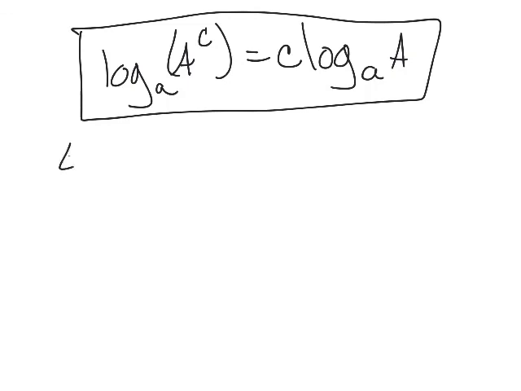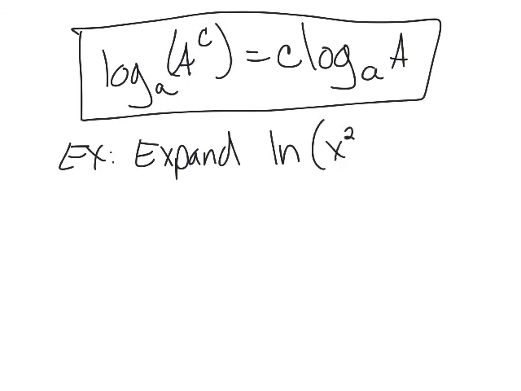So we'll end here with a final example. Let's expand this expression: the natural log of x squared y to the 7th times z to the 1/2. This is a product, but we also have exponents in there. So the first thing I'm going to do is break up the product into addition.